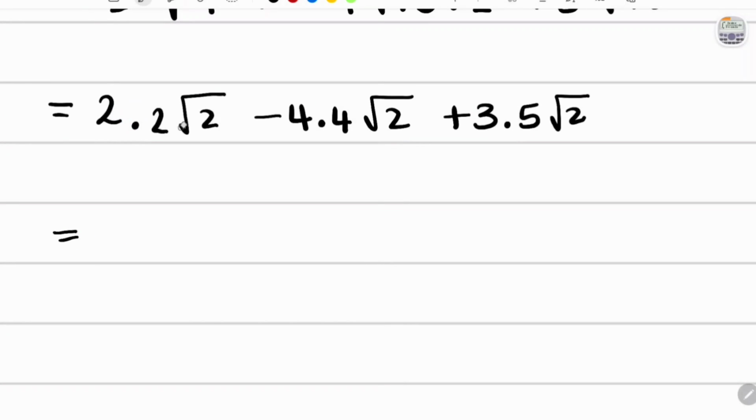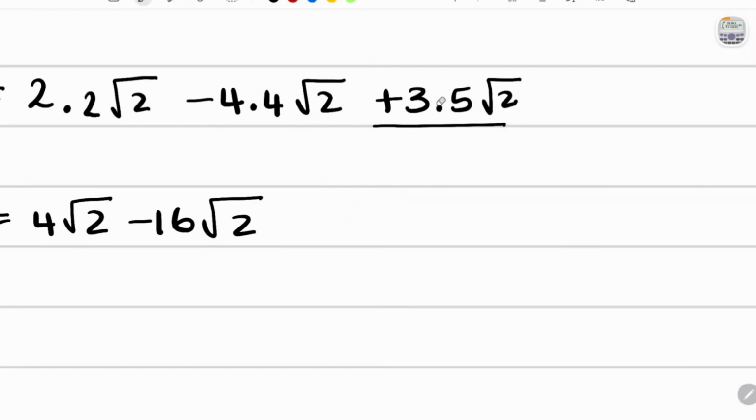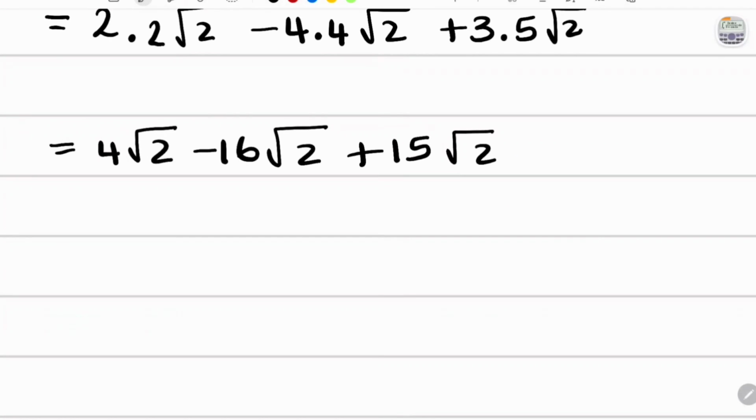It means this is 2 times 2 square root 2. 2 times 2 is 4. So the answer for this whole thing is 4 square root 2. Then here, minus 4 times 4 is minus 16 square root 2. And then we have 3 times 5, which is 15. So positive 15 square root 2. Now do you see that they're all in terms of the square root of 2?